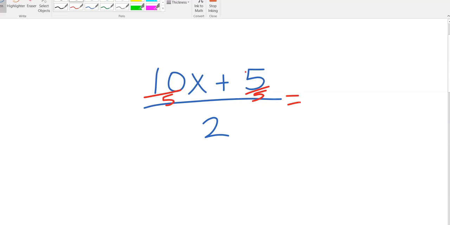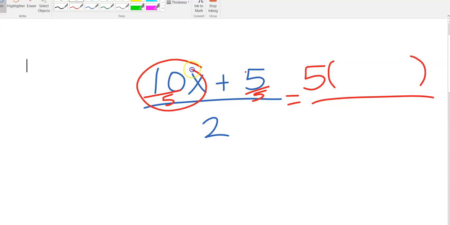If I'm only taking from the top, I'm going to do what we call factoring out what they have in common. These have a GCF in the top of 5, so I'm going to factor that out, and whatever's left over when I divide will be my answer. 10 divided by 5 is going to give me 2, so my answer is going to be 2x, and then 5 divided by 5 is 1. So I've got 2x plus 1.